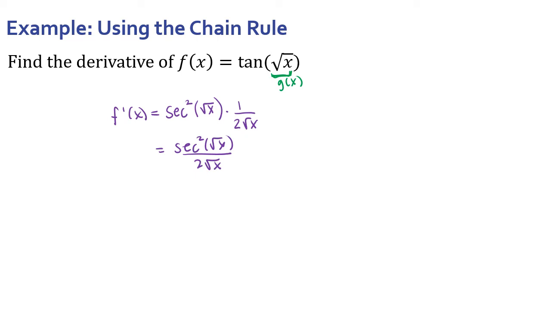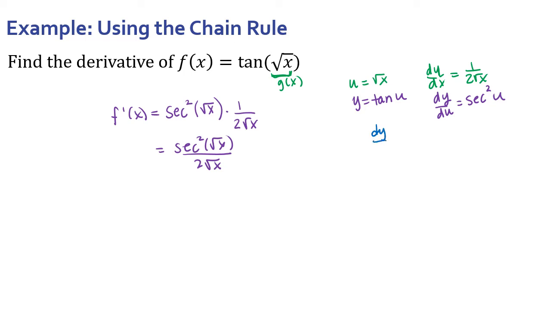So again, if I went through and did this the other way, and you can choose whichever method makes the most sense to you, if I set this up, I'd have u equals the square root of x, y equals the tangent of u, so du over dx equals 1 over 2 root x, and dy over du equals secant squared of u.